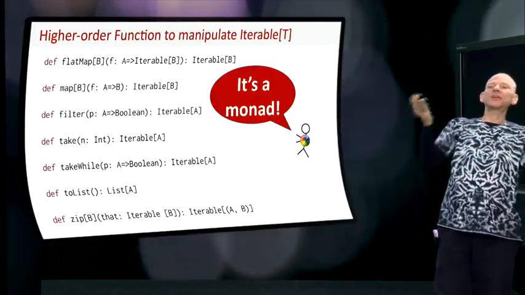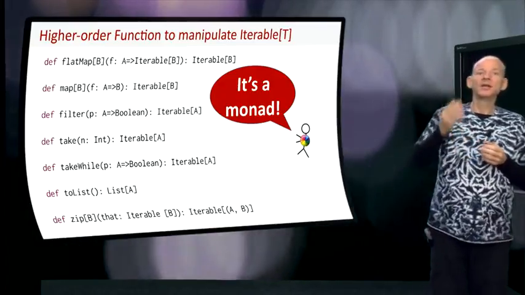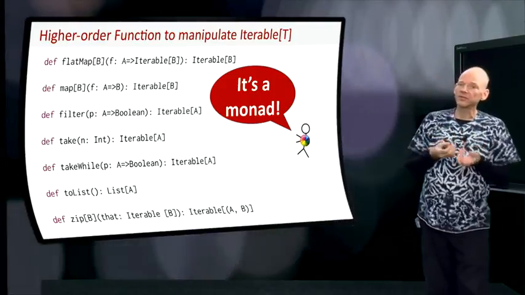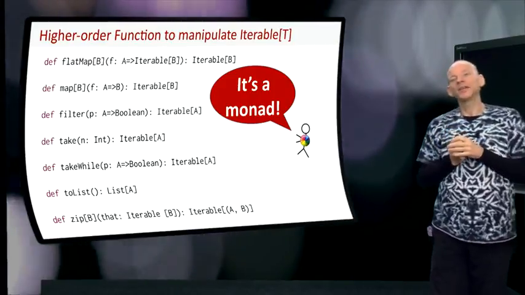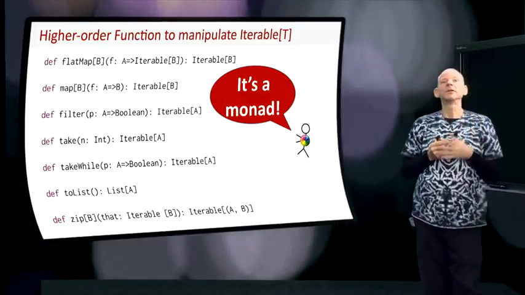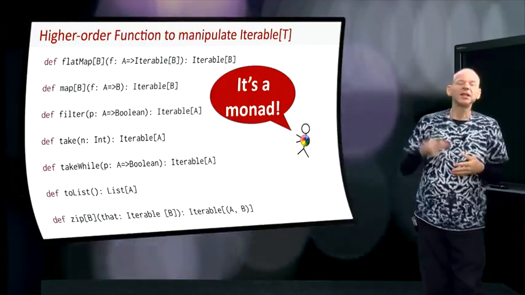But of course, the first thing we should note is that iterable is a monad. And why is it a monad? Because it has flatMap and it has a constructor to take a single value and inject it into an iterable. And of course, just having flatMap and a constructor is not that interesting.